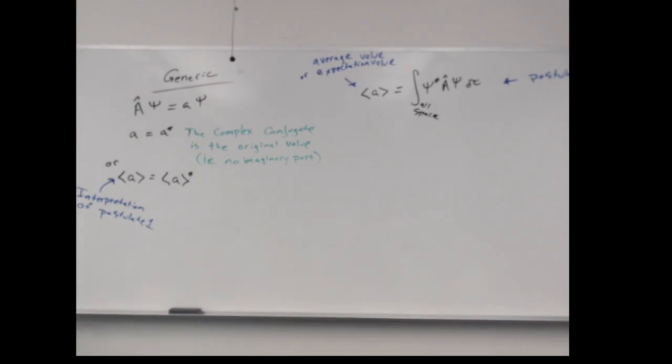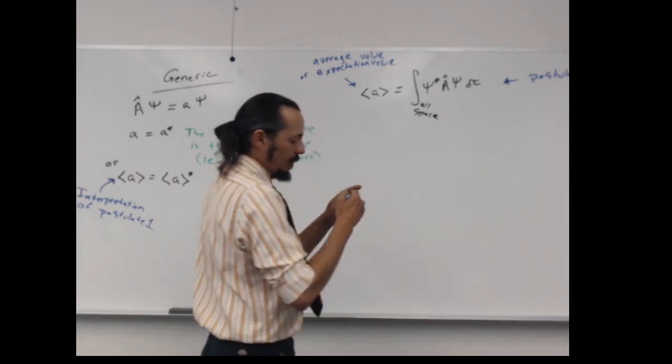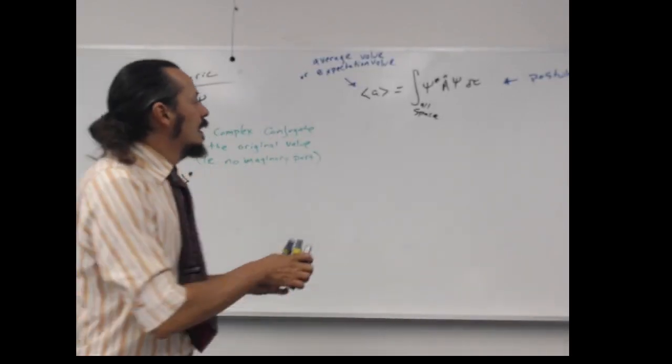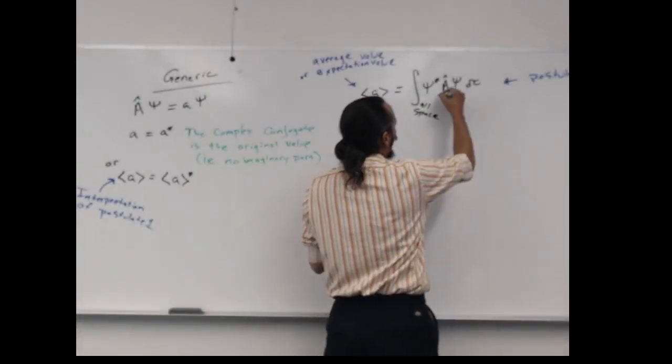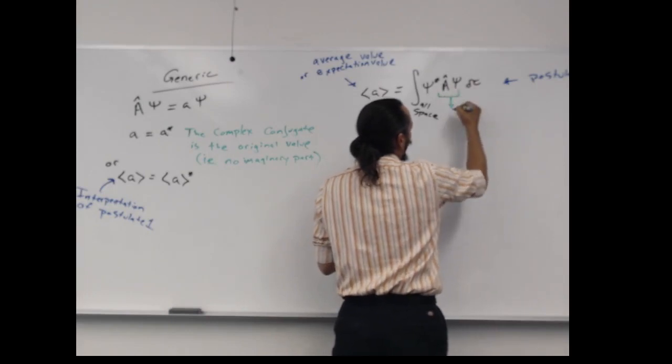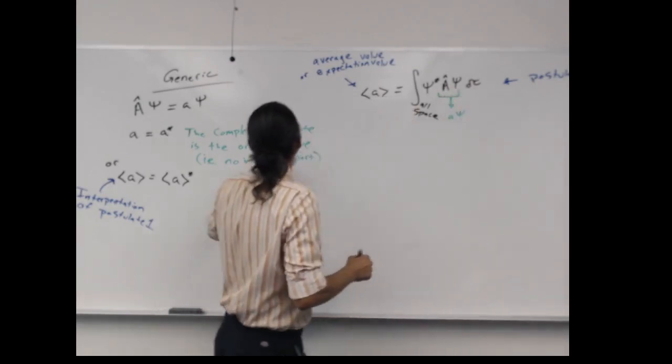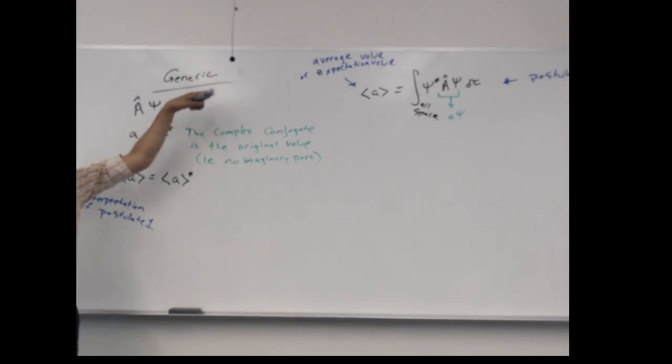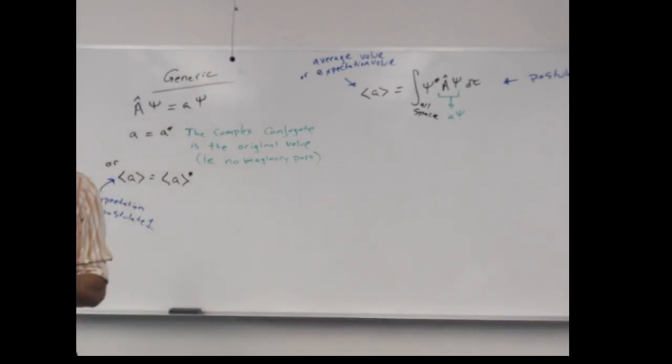Now, we can do a couple things here, right? I've got this definition of the eigenvalue problem, so I can rewrite this chunk as a psi, using this definition over here. Good so far?